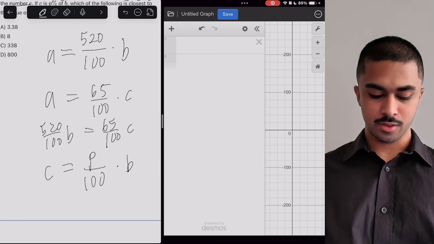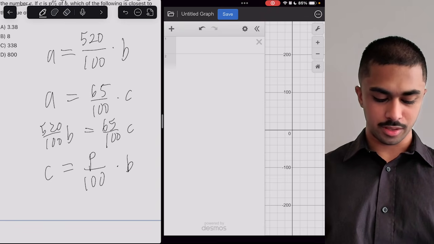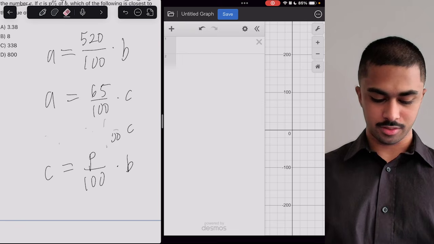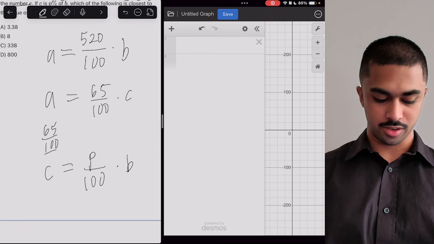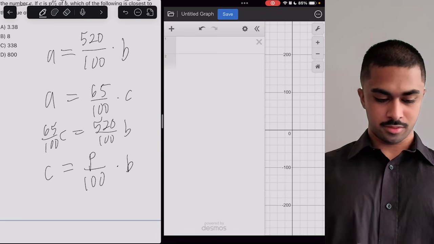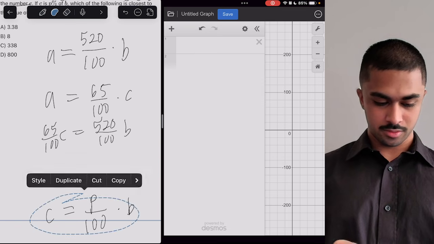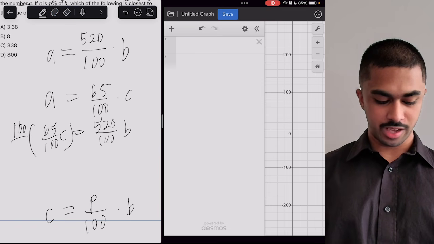Okay, but what do we do from here? Actually, let me switch this. So it looks like the equation that we want down here. What we want to do from here is multiply the numbers out of C, right?